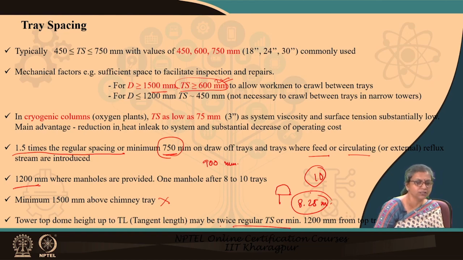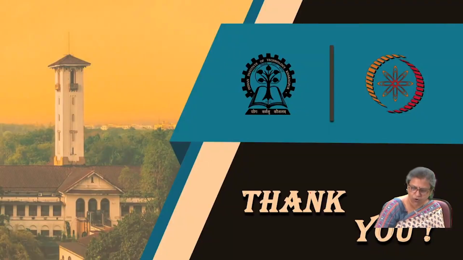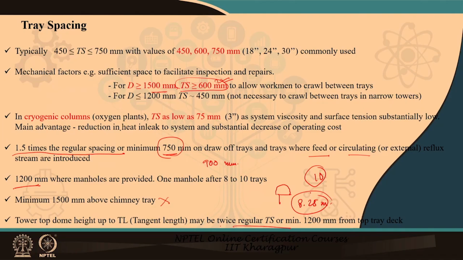For the cost, along with column height, you also need to find out the column diameter. Regarding the column diameter, there are some standard techniques which we will discuss when we discuss the column internals part. Once you know the column diameter and the column height, you can find out the column cost, and the reboiler and condenser cost.